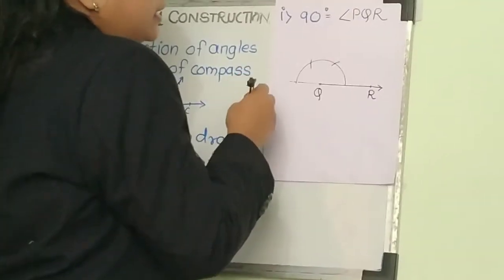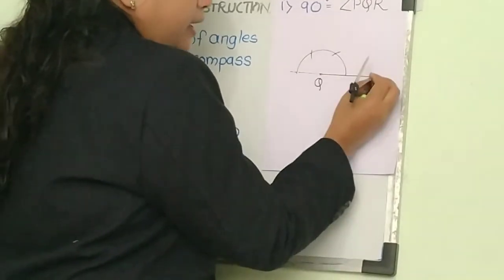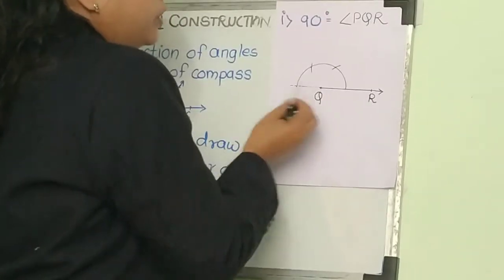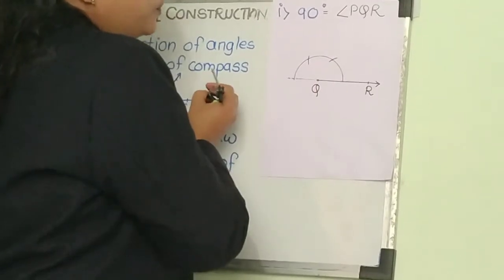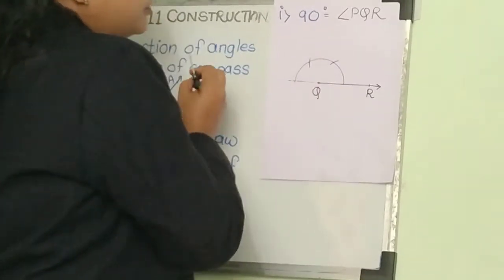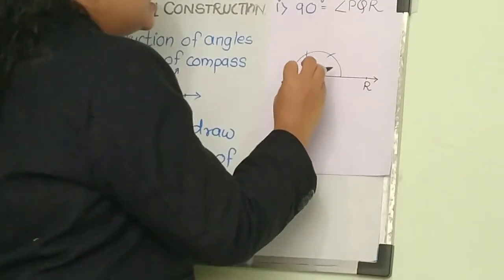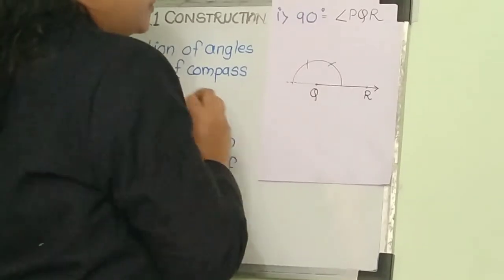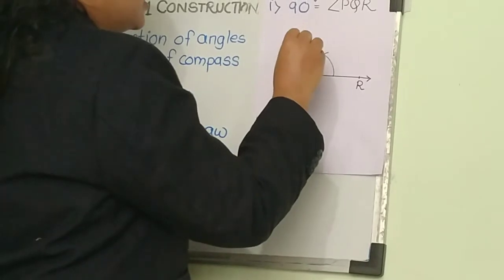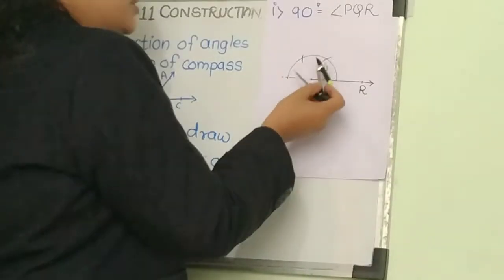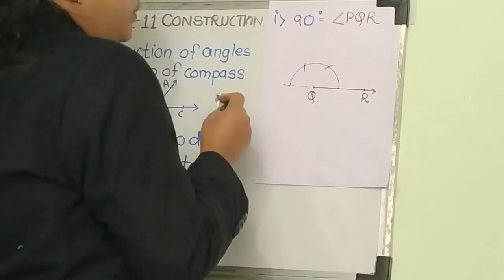Now see here what I will do for this. First we are going to draw one ray QR with common vertex Q. Then we are going to extend here this line segment. Then with fixed length we are going to draw the half circle from point Q, and with that fixed distance, we are going to mark the arc. Get it? So first arc always it is of 60 degree, and second arc it is of 120 degree.